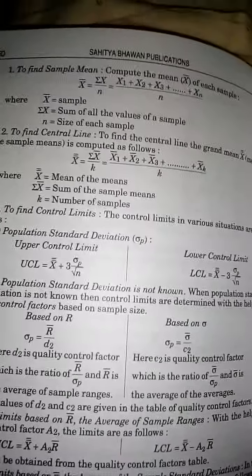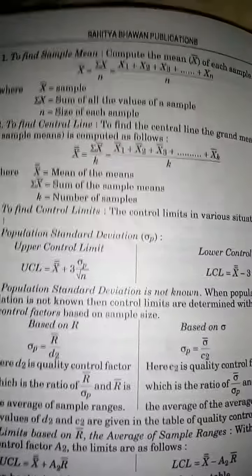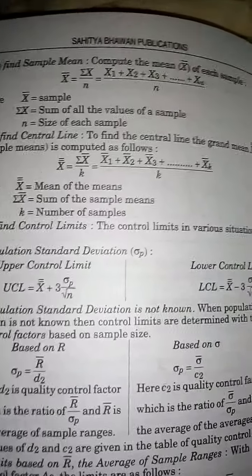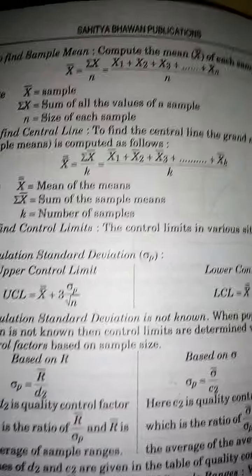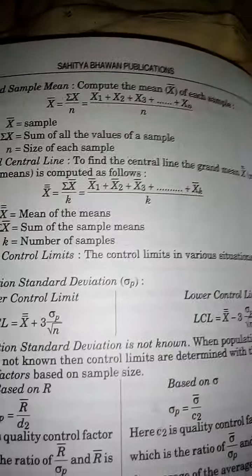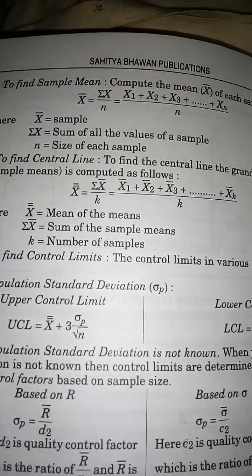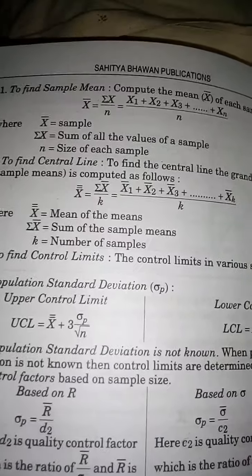So this is the step to find the sample mean. We have to compute the mean of each sample. We all know the formula of mean as sigma x by n, that is x1, x2, x3 up to xn by n.